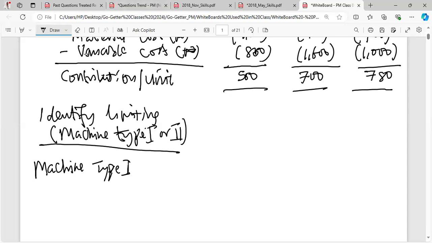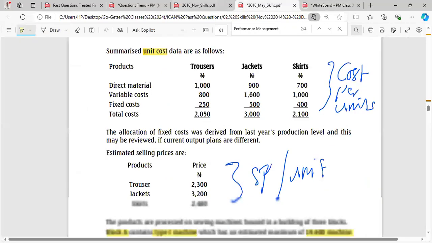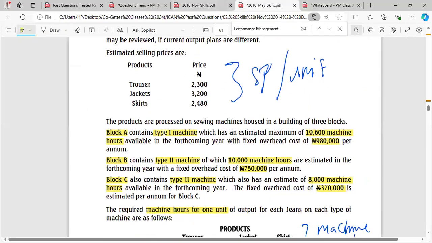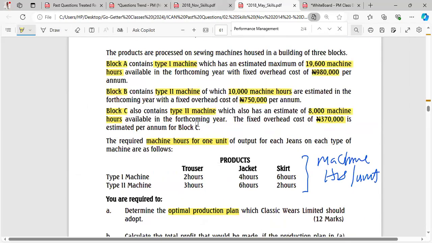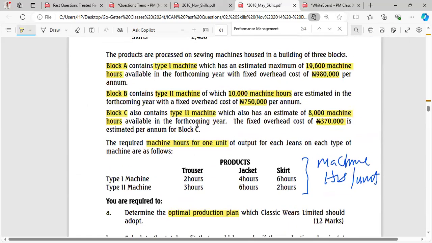So how do we test machine type 1? Required hours. We see that machine type 1 is only used for block A. That's not a problem. But look at machine type 1.